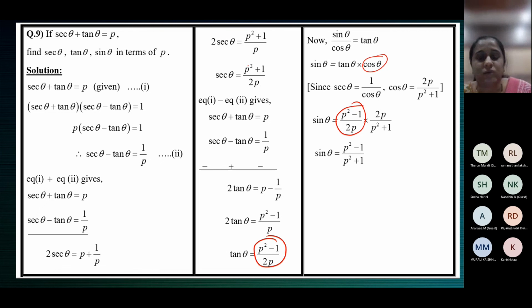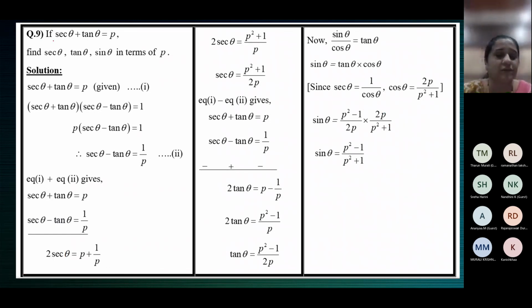Cos we don't know, but we know secant is this one, so cos will be the reciprocal of this. So cos is 2p by p square plus 1. So 2p and 2p get cancelled. So sine theta is equal to p square minus 1 by p square plus 1.